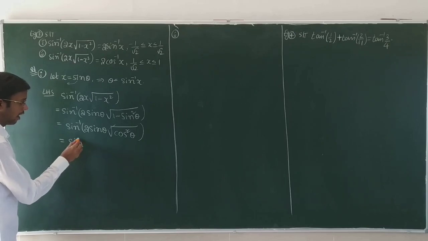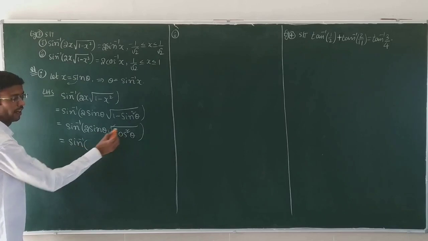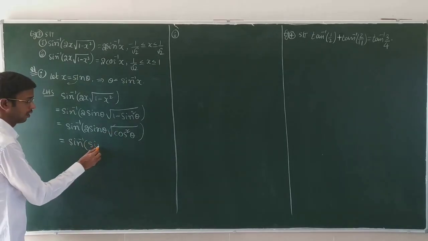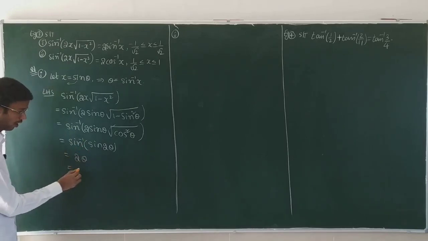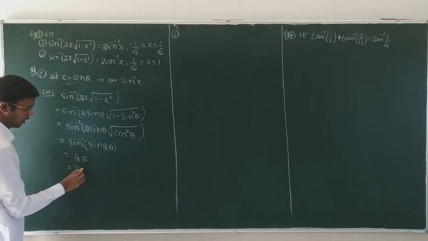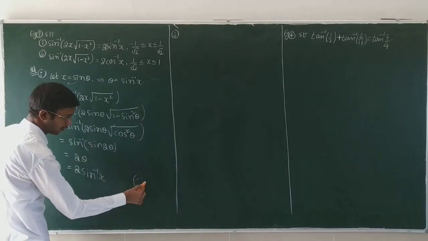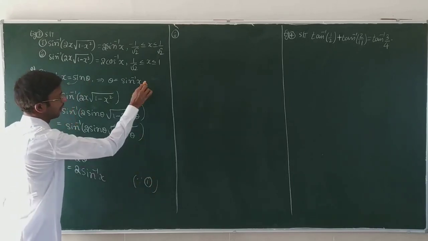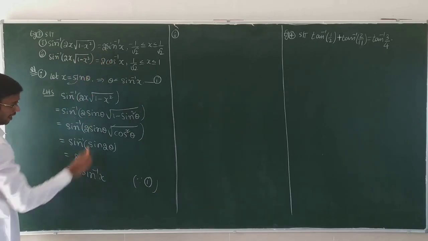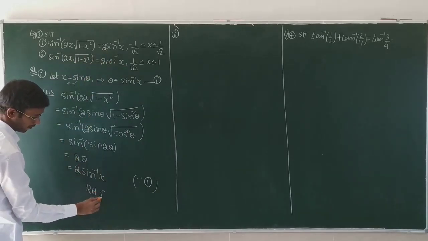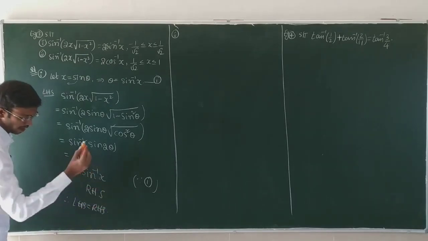Sin inverse of 2 sin theta into cos theta, which is sin 2 theta, so it is equal to 2 theta. What is theta? Sin inverse x, from equation 1. This is only the RHS. Therefore, LHS is equal to RHS.